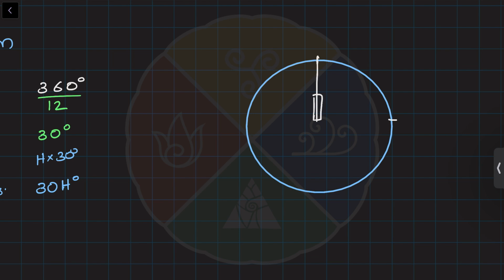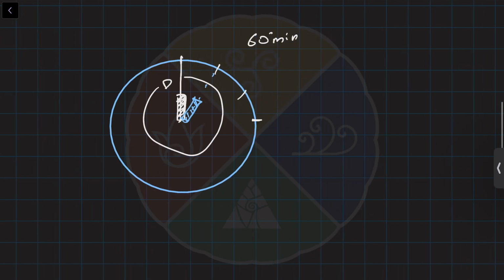In 60 minutes, the minute hand will travel from here to here. But in the same time, the hour hand should travel from here and face here. So not just because of hours, also because of minutes the hour hand moves.